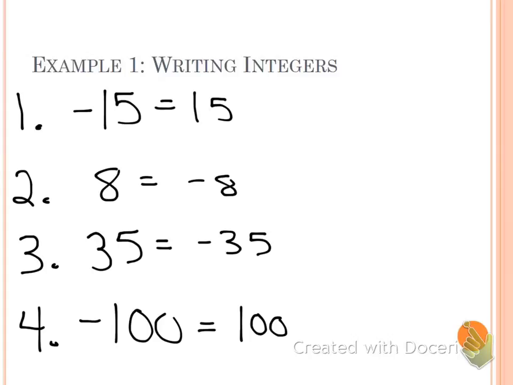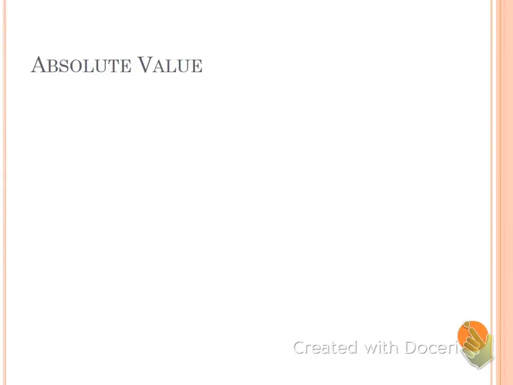Now I want to talk for a minute about absolute value. I see absolute value written in bars, so a bar on each side of the number, vertical bars. And here's what absolute value means. It means that it doesn't care about the sign, it's how many units this number is away from 0.